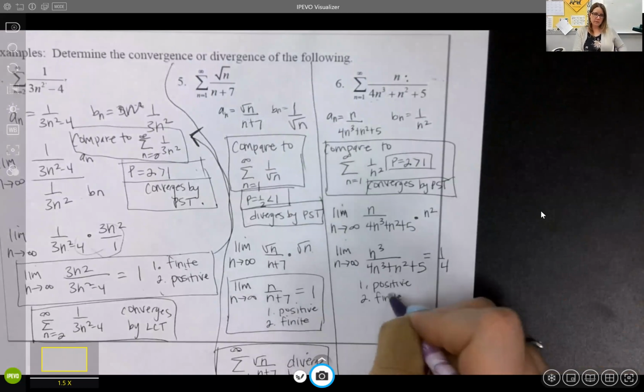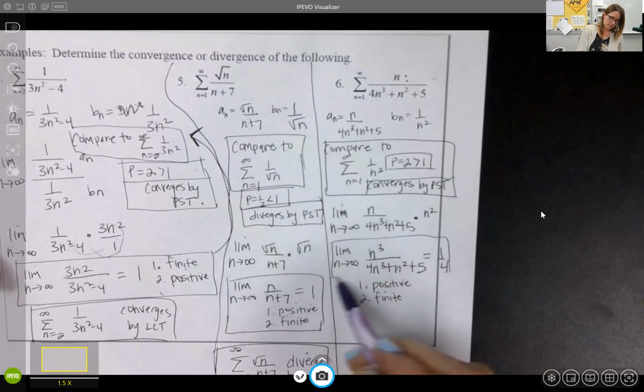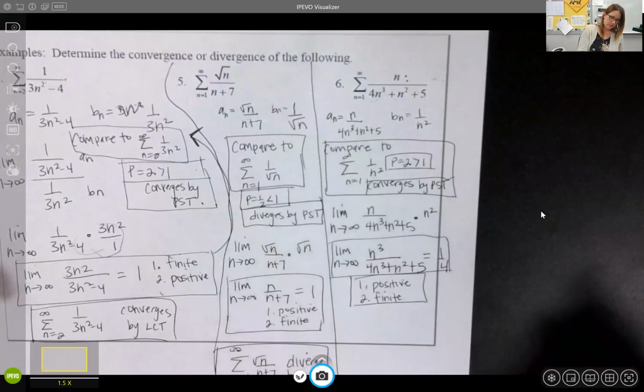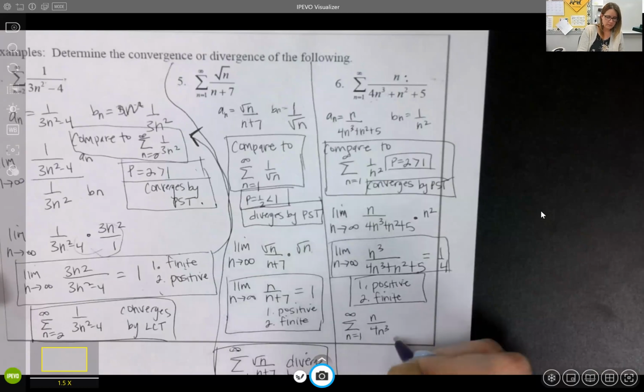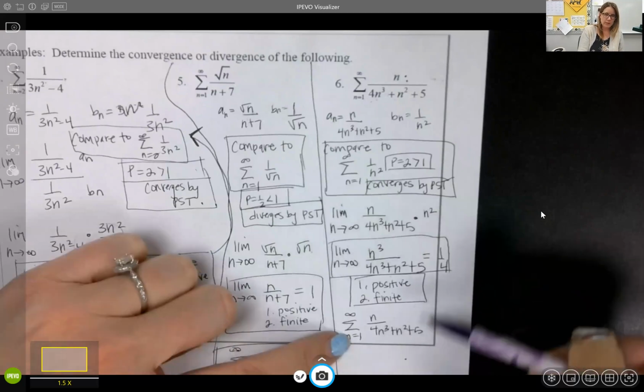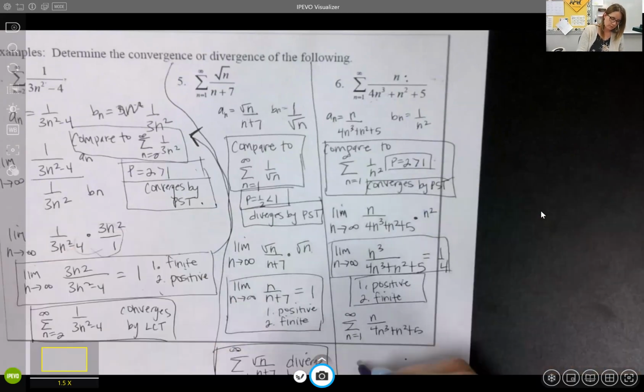So it's positive and finite. So our original function will do whatever our compared function did, so it will converge by LCT.